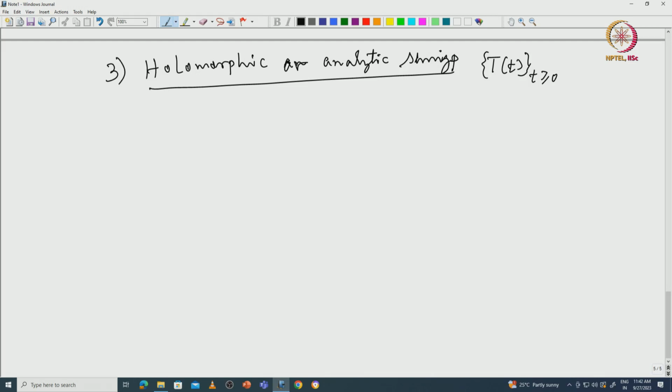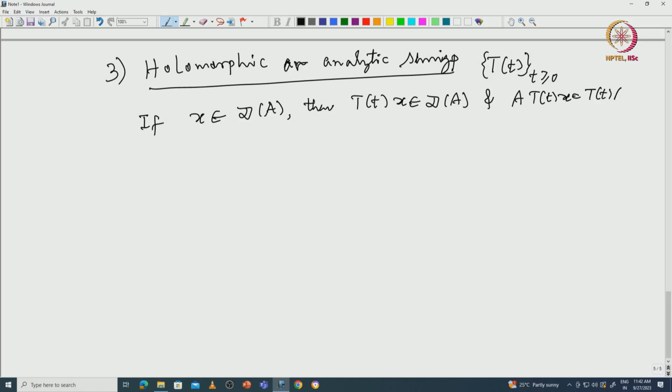If T t is a strongly continuous semigroup, and x is in dA, then T t of x is also in dA for all t non-negative, and we have this relation A of T t x is equal to T t of A x.